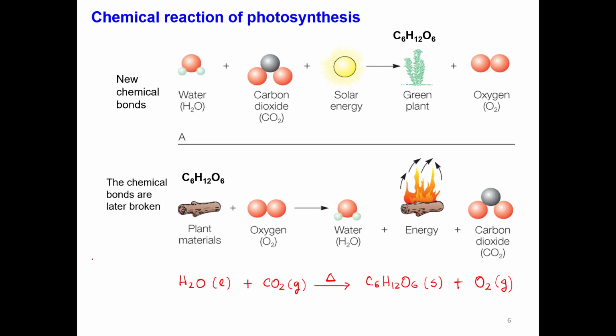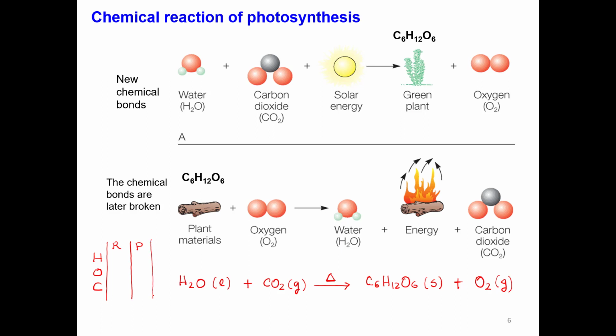Then we had hydrogen, we had oxygen, and we had carbon. And we want the same number of atoms in the reactants and the same number of atoms in the products.